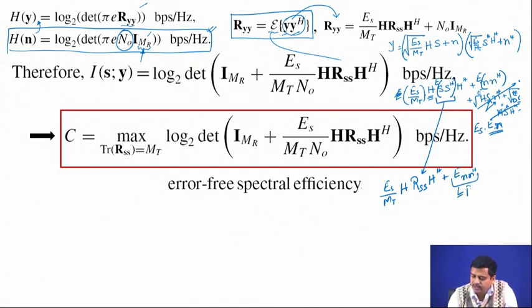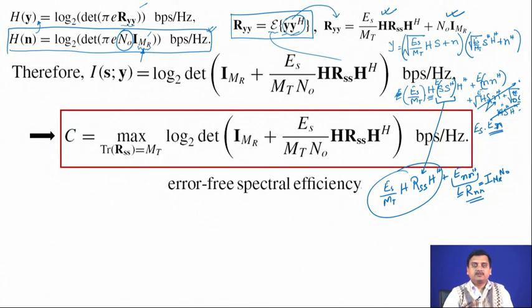Again, you can write this as RNN, which is I Mr times N naught. What you see over here, this term is available here and this term is available here. So, we have got the expression of RYY.